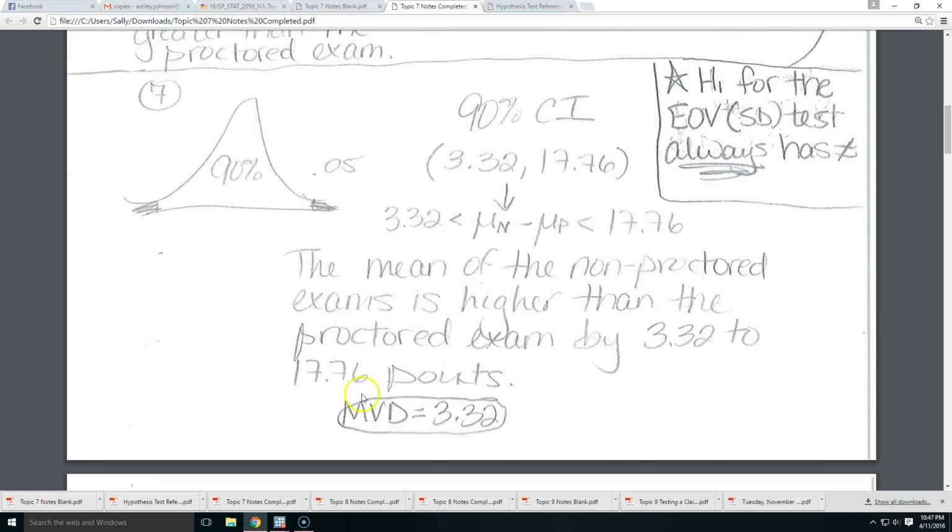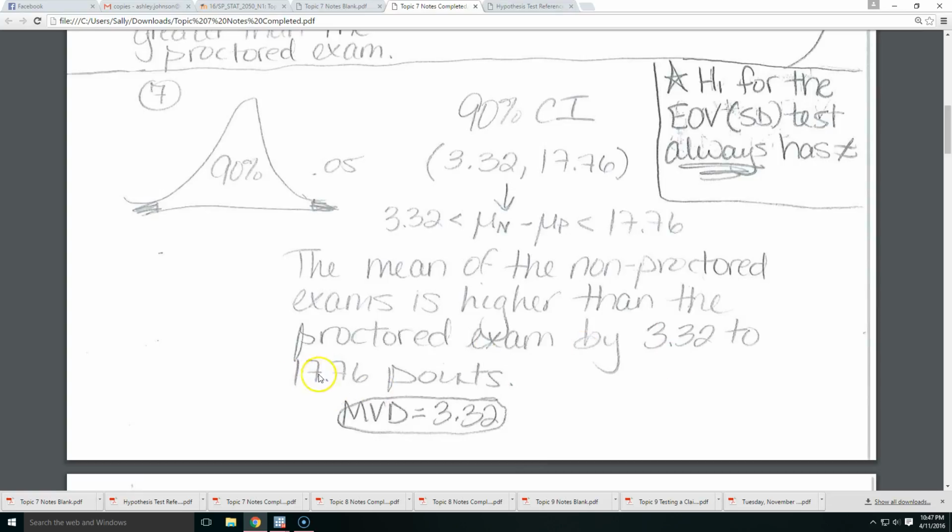Honestly, I like stating this instead of saying the MVD, and you don't need to do both. This is technically better than the MVD, and I find that people like this better at this point of the unit. So the mean of the non-proctored students' exams is higher than the proctored exam by 3.32 to 17.76 points. So, I mean, it's a pretty big difference.